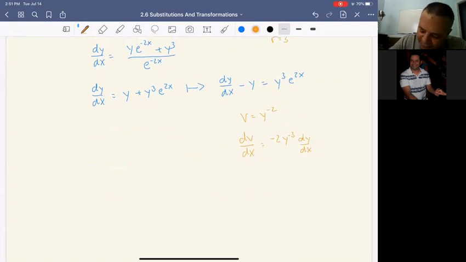Let me write that as negative 2 over y cubed dy/dx. So what this gives us is that dy/dx is actually negative y to the third over 2 dv/dx.